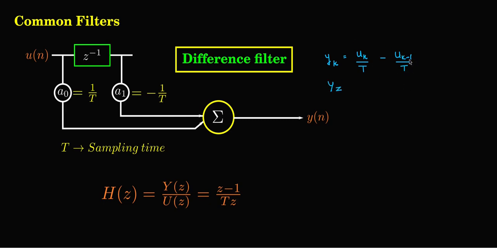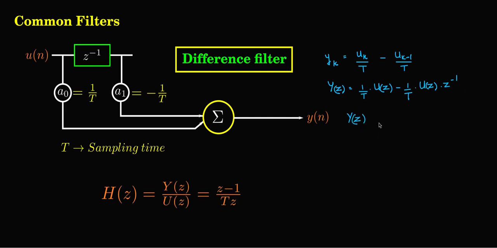So this is the equation for this, and the z transform of that, Y(z), is equal to the same coefficients, 1 by T into U(z) minus 1 by T U(z), and because this is the u k minus 1 value, one sample time value before, so z to the power of minus 1.